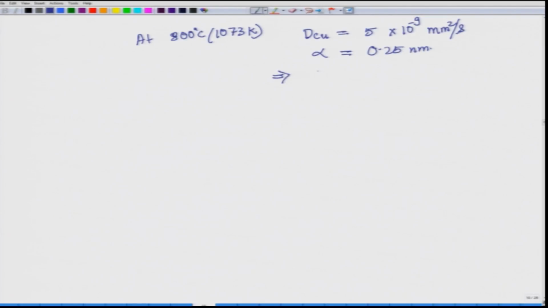From this you would be able to derive that tau, which is the successful jump, is equal to 5 into 10 to the power minus 5 jumps per second.